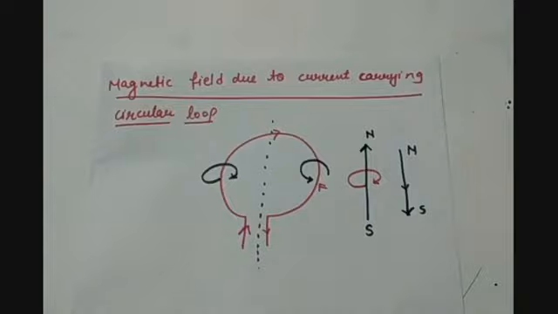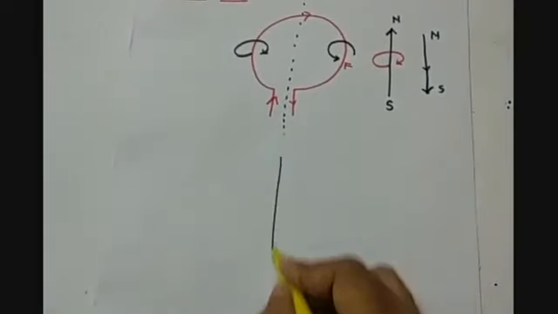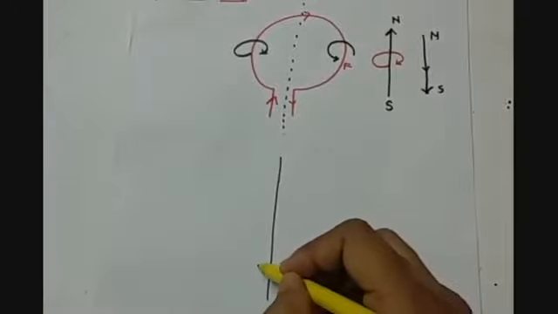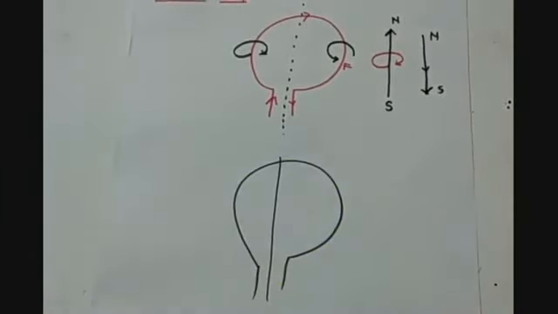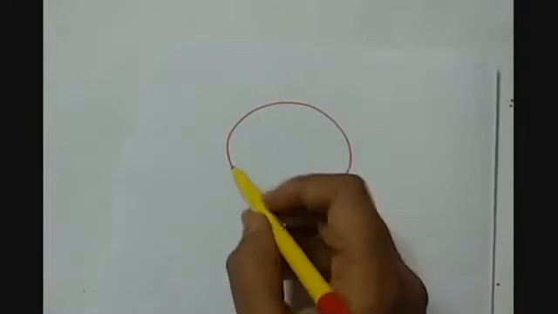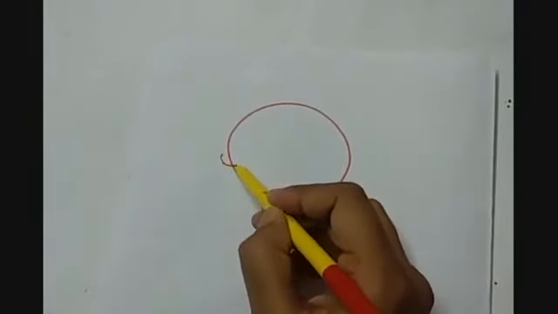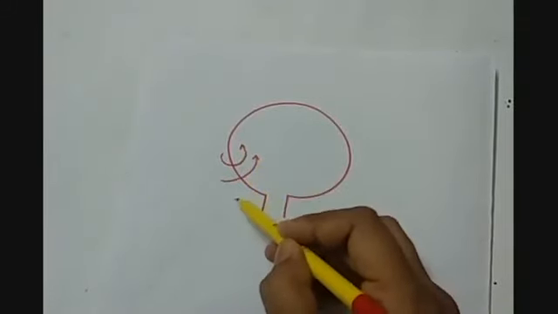So if this is happening, then we can draw the magnetic field lines in such a way. If this is the circle, then the magnetic field lines will go inside the conductor or in the loop.